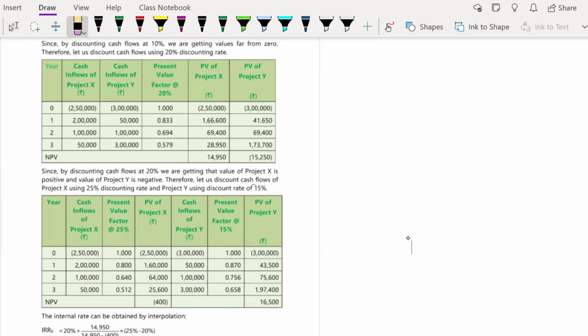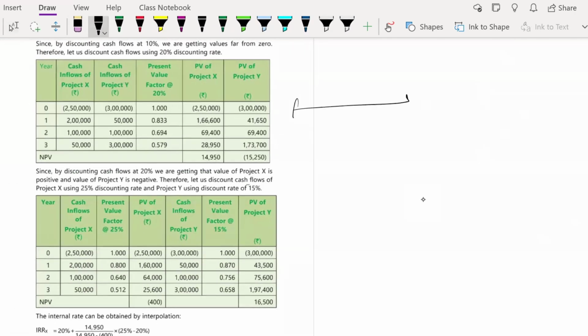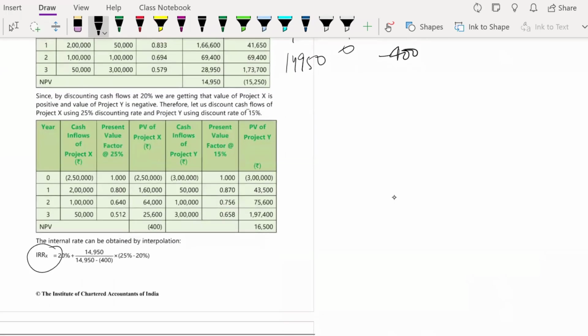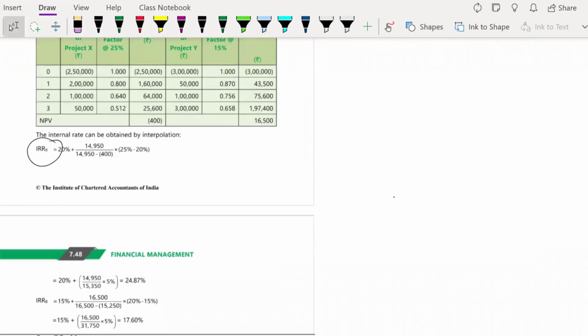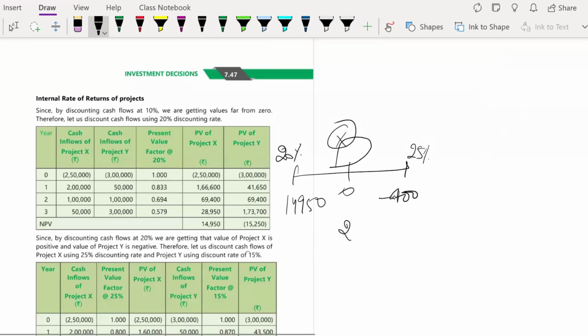Project X, they took 20% and 25%. 20% came positive, 14,950. 25% came negative, minus 400. So the NPV must be zero somewhere in between, and using the formula they found the IRR to be 24.87%. I hope X is clear.